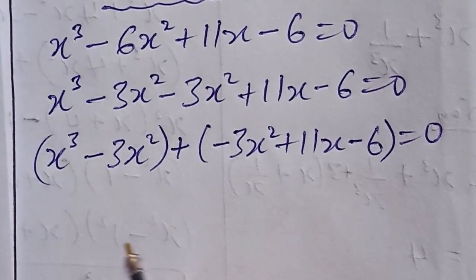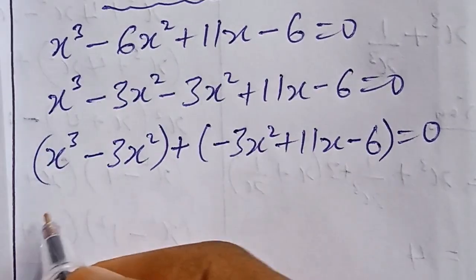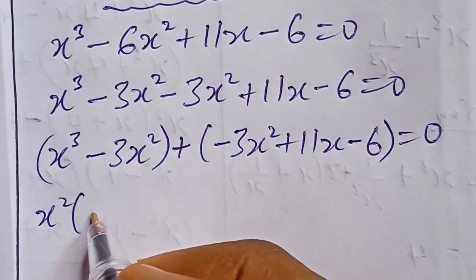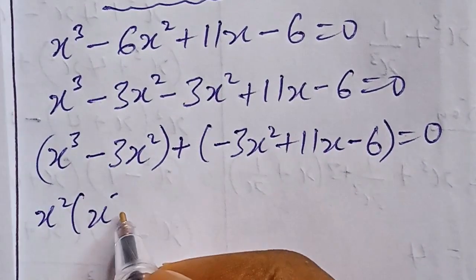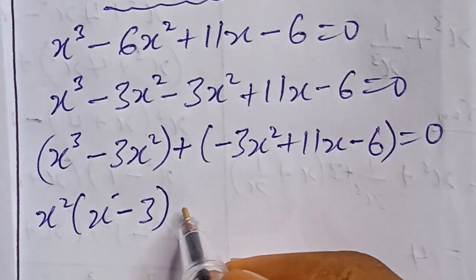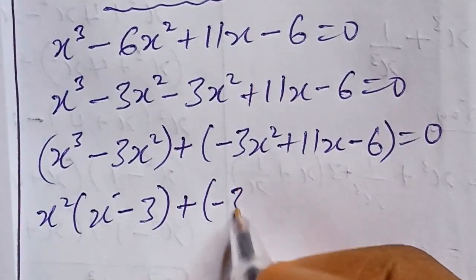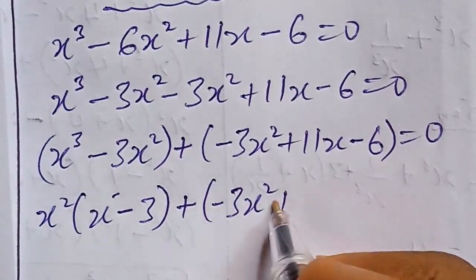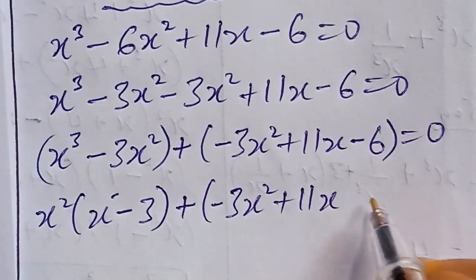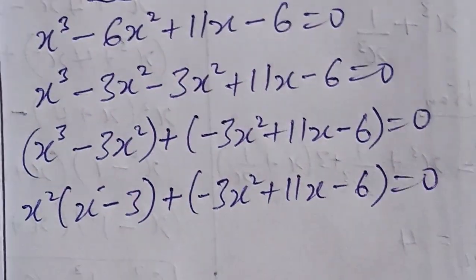Now over here we can factor out x squared on this side, so we have x squared into bracket x minus 3, close the bracket, then plus bracket minus 3x squared plus 11x minus 6, close the bracket, equal to 0.